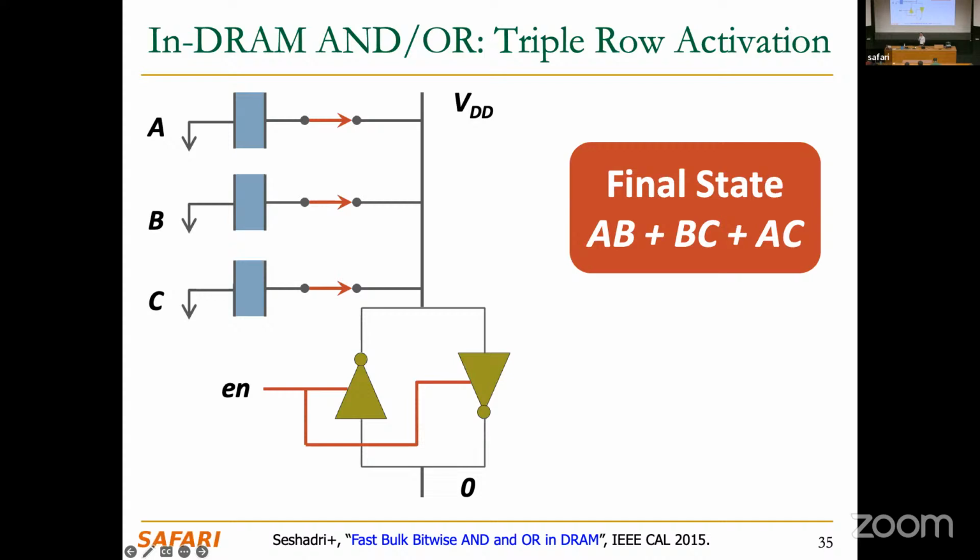There is a follow-up work that we did on commodity DRAM chips themselves, with this same idea. And the idea there to improve the success rate of this type of computation was to replicate the input several times.